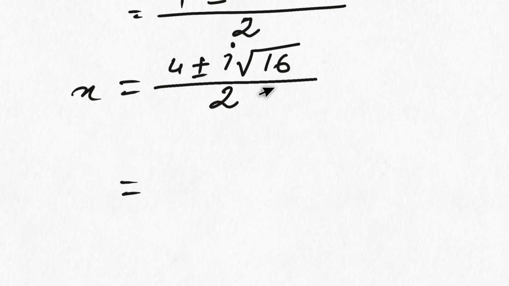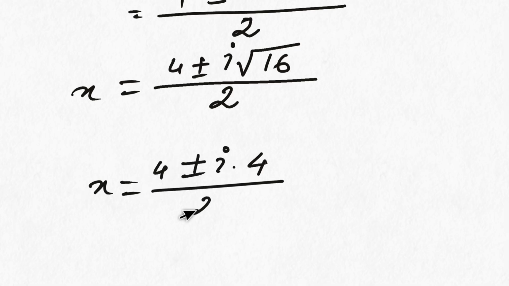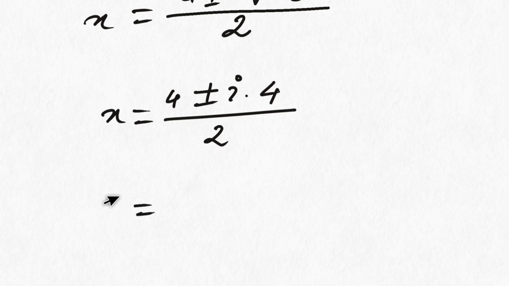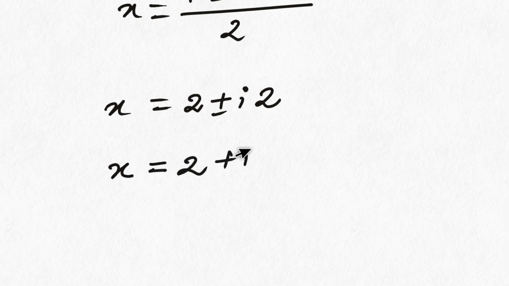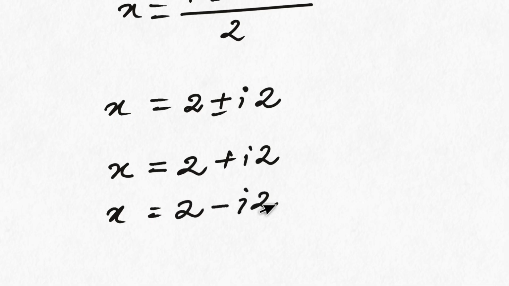Since the square root of 16 is just 4, we write this as x equals 4 plus or minus i times 4 all over 2. Dividing both terms in the numerator by the 2 in the denominator, we get x equals 2 plus or minus i times 2. This splits into two imaginary solutions, x equals 2 plus i times 2, and x equals 2 minus i times 2. So there are our imaginary solutions.